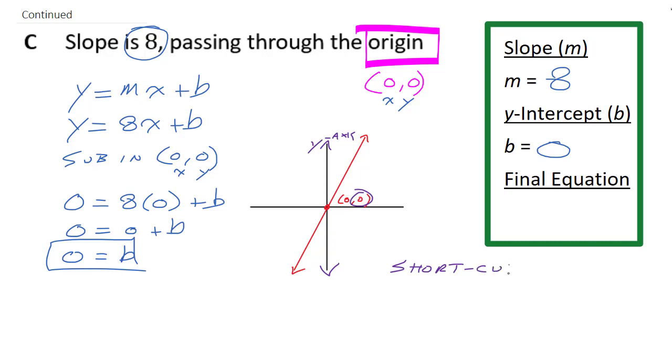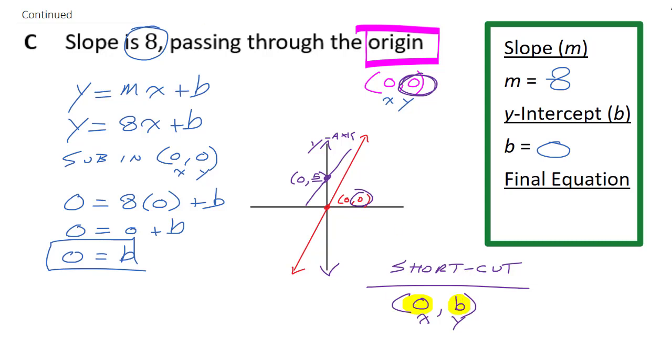So remember the shortcut, because we're going to run into this in a few questions, and I know I've covered this in previous lessons a few times. Any time you're given a point where the x coordinate is 0, whatever the y coordinate is, that's automatically b.